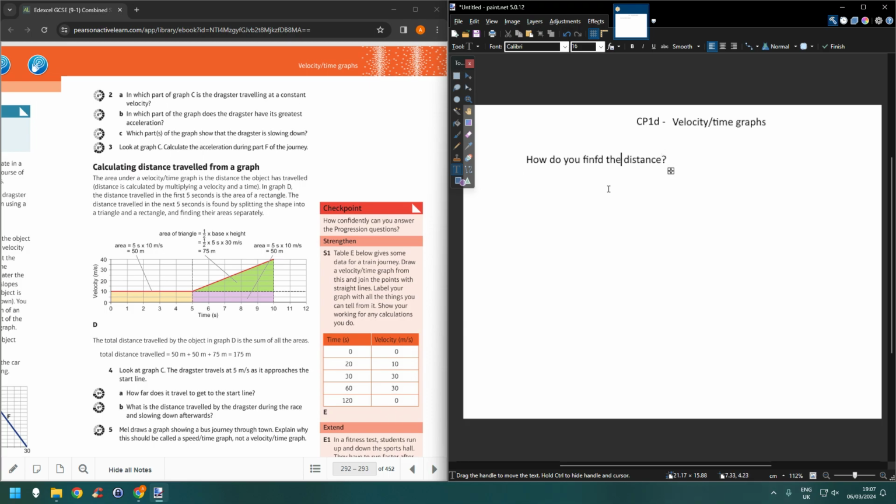You've got to be able to find it somehow, because they're not showing you, and a question might be, this is the velocity time graph, from point A to point B, what was the distance travelled? So, the distance travelled on a velocity time graph is the area under the line.